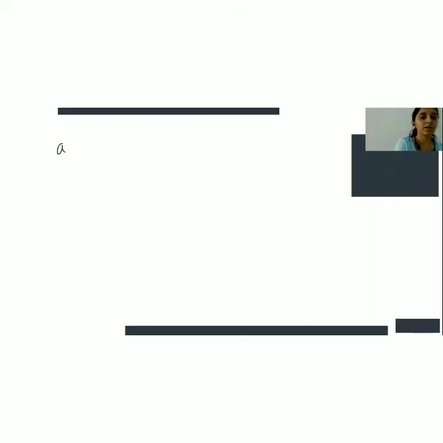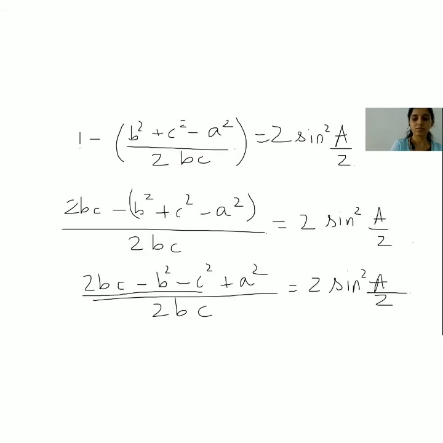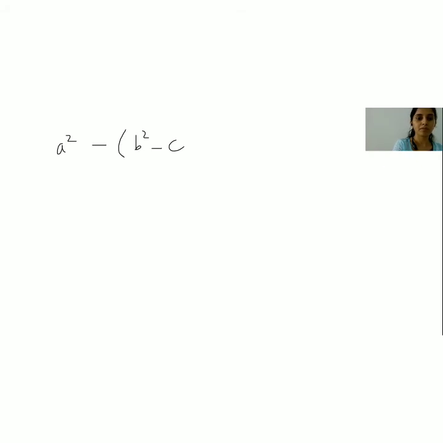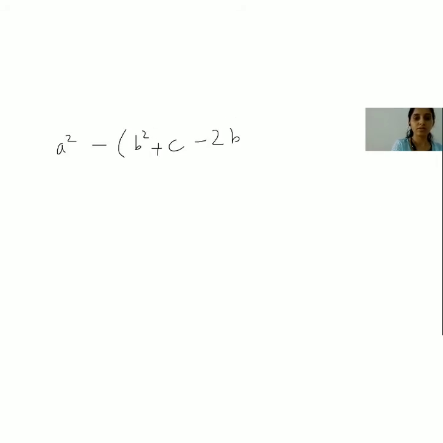We'll write a square, okay, minus b square minus c square, one second, minus 2bc upon 2bc is equal to 2 sine square A by 2.